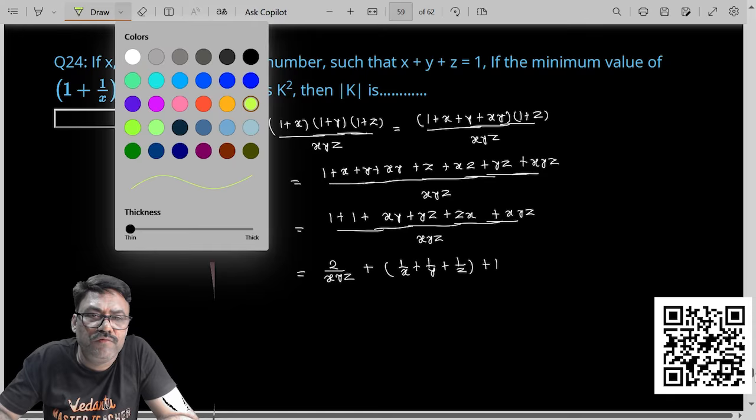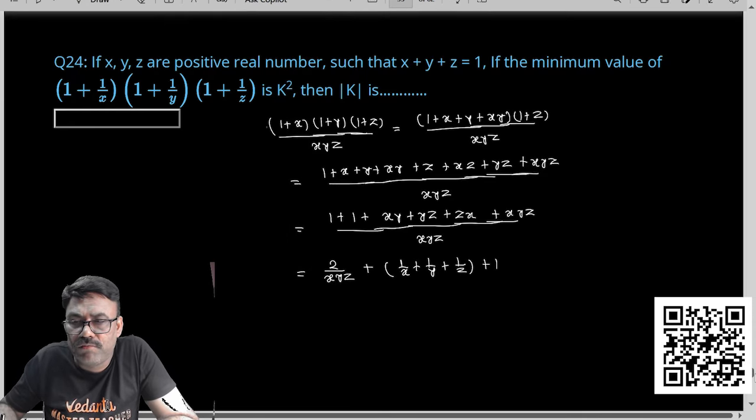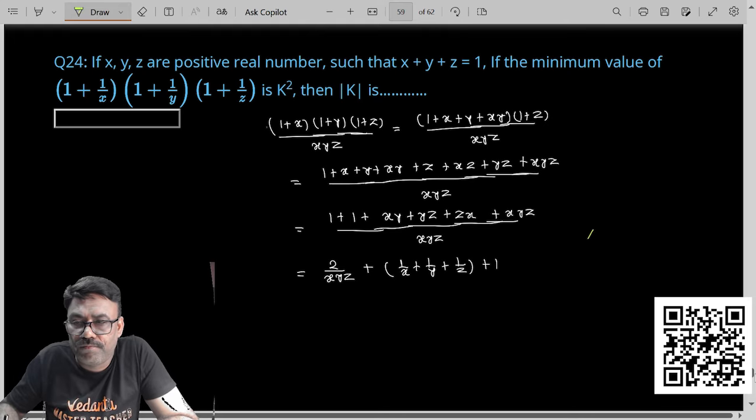First I am using AM greater than or equal to GM. For three numbers, AM will be x plus y plus z by 3, GM will be the cube root of xyz. So x plus y plus z is 1, so 1 by 3 is greater than or equal to the cube root of xyz.